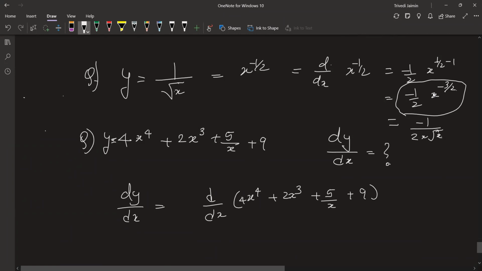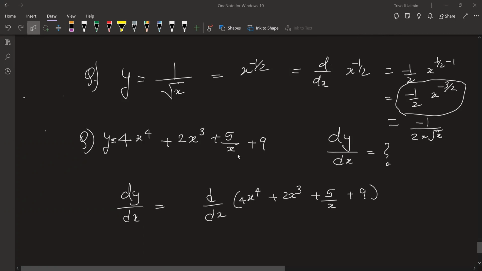Sir, is it 16x cube plus 6x square minus 5x? Minus 5x, sir. 5x or 5x to the power minus 2? x to the power minus 2 because it's minus 2, and then again minus, right?